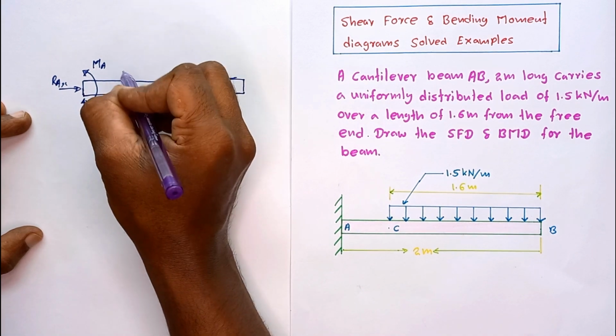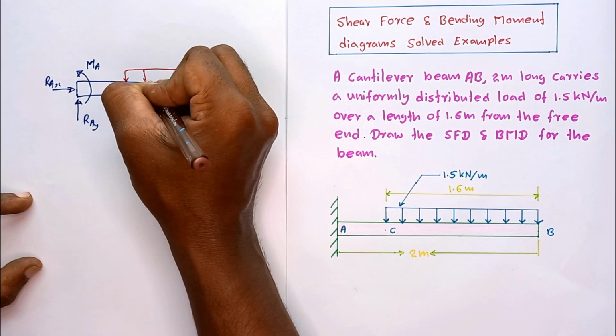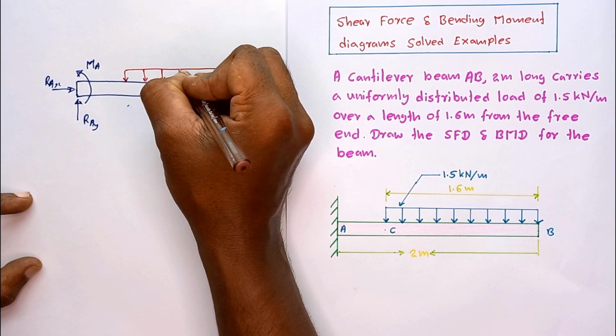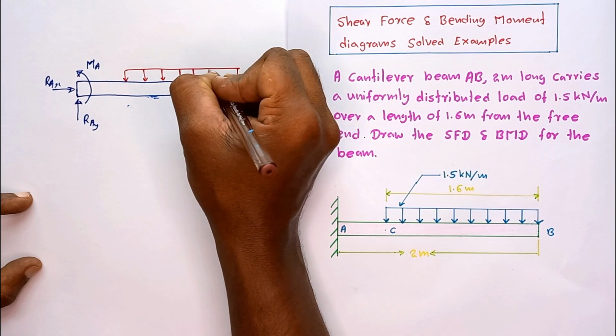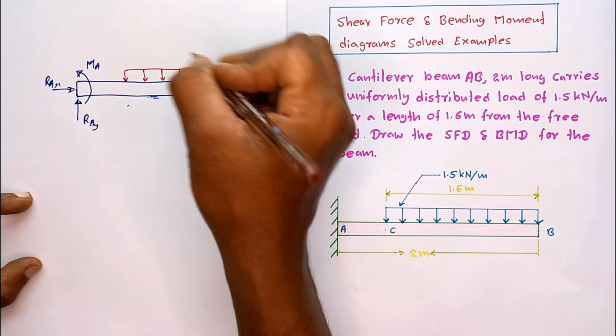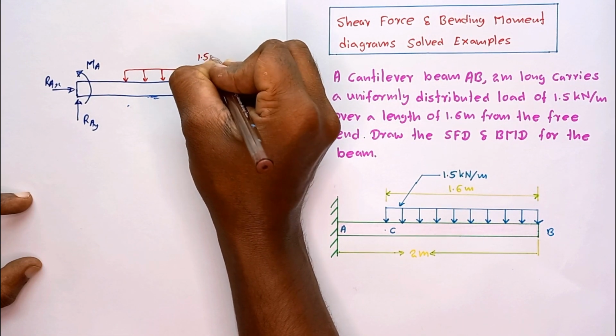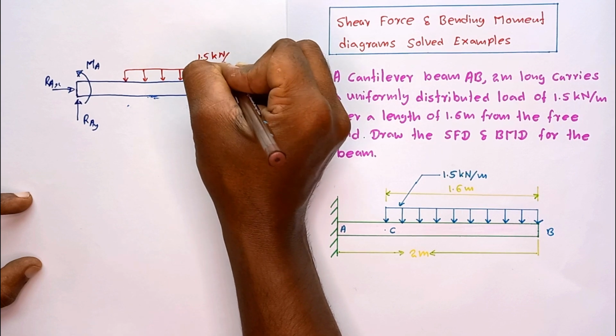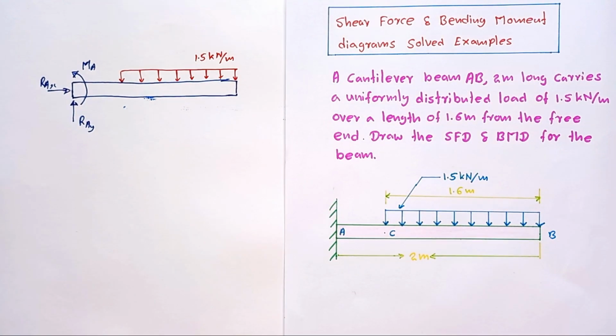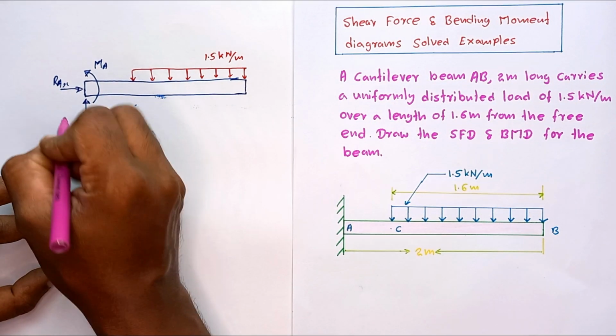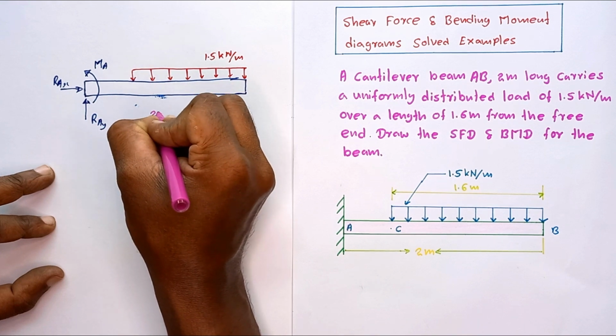Then there's a uniformly distributed load. The intensity of the distributed load is equal to 1.5 kilonewton per meter. Then we have to mark the dimensions. The total length is equal to 2 meters.